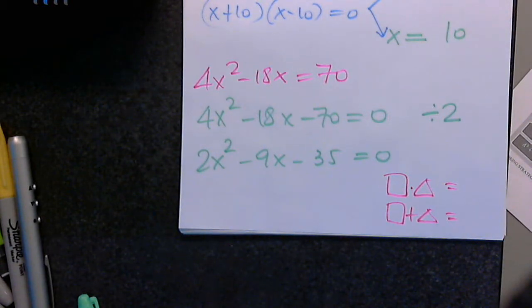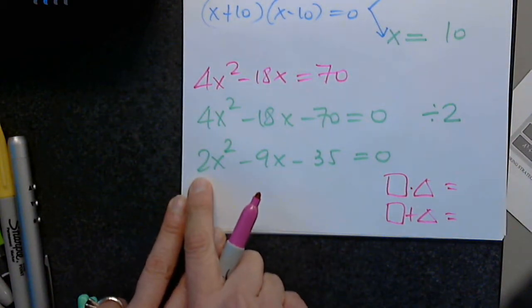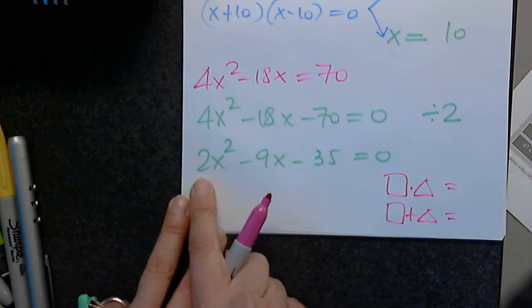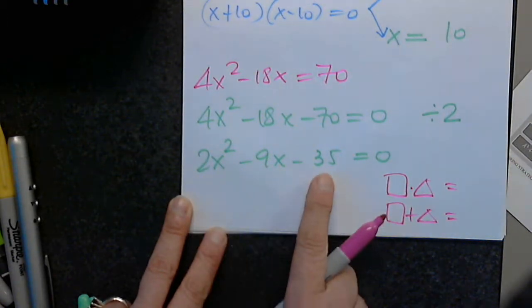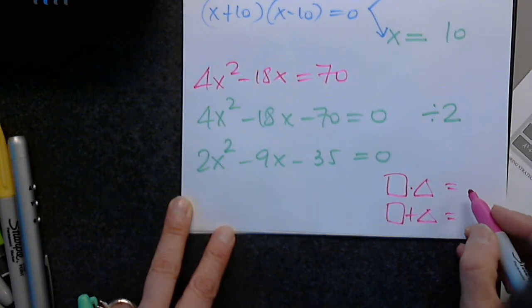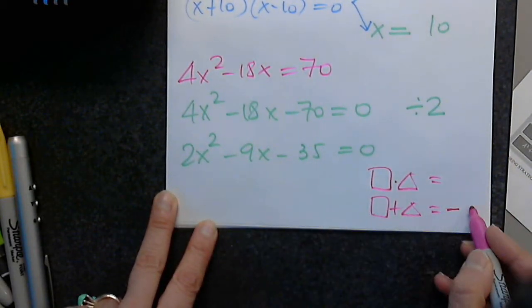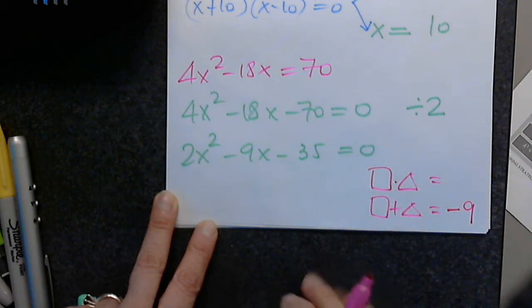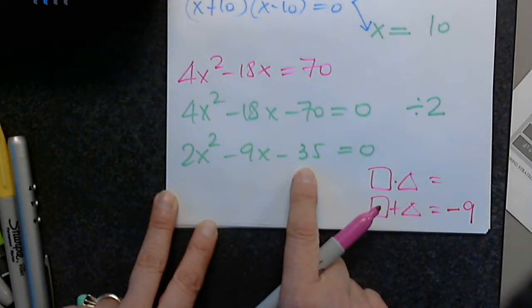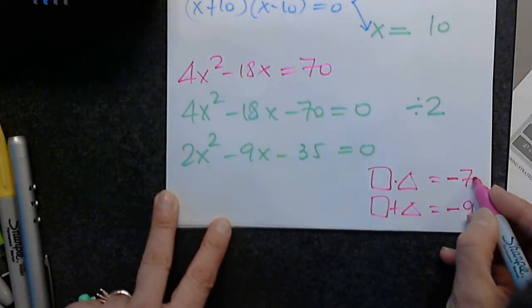That is -35. Careful, the leading coefficient is not 1. If the leading coefficient is not 1, the product will not be -35. But -9, that is the sum. The sum will never change. It would be negative 5, be +5 and -14. So yes.